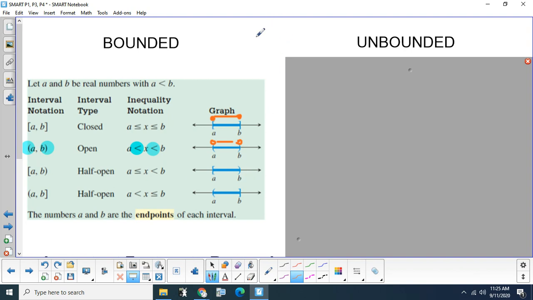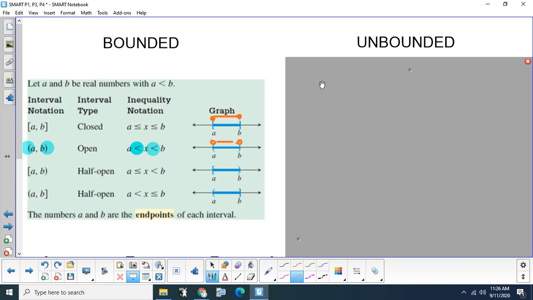Now, moving forward, instead of graphing with the circles, we're going to transition into graphing with these hard brackets and parentheses instead of the open and closed circle. And as we move forward, you're going to no longer use inequality notation and instead start to use interval notation. This is actually a concept that we will use all the way through the end of the school year.